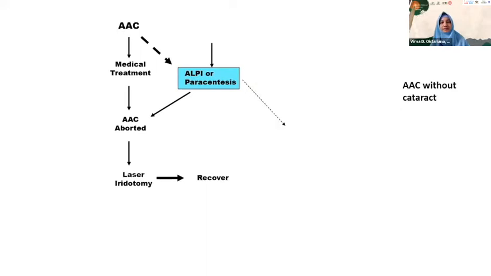Rarely, if paracentesis or ALPI does not reduce the pressure immediately, then we might need to proceed to immediate phacoemulsification. But this can have problems, especially in an acutely inflamed eye. Previously, if we did not have ALPI or paracentesis, patients who are medically uncontrolled would need to proceed to have a trabeculectomy.